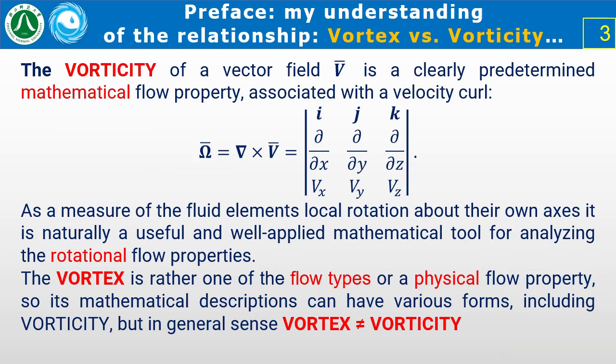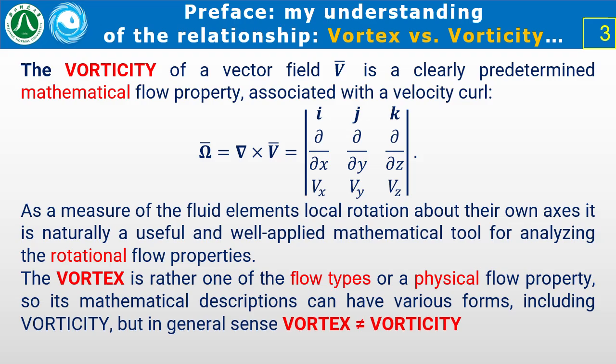According to the principal goal of this conference, let me formulate my understanding of the relationship between vortex and vorticity as a preface to my presentation. The vorticity of a vector field V is a clearly predetermined mathematical flow property associated with a velocity curl.